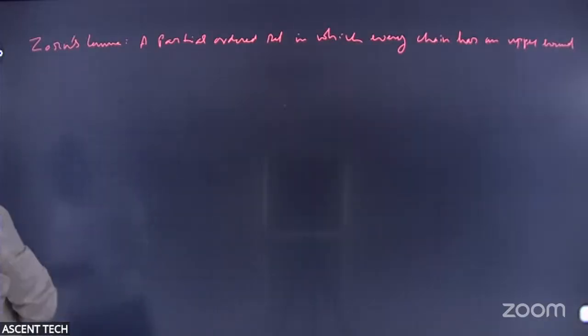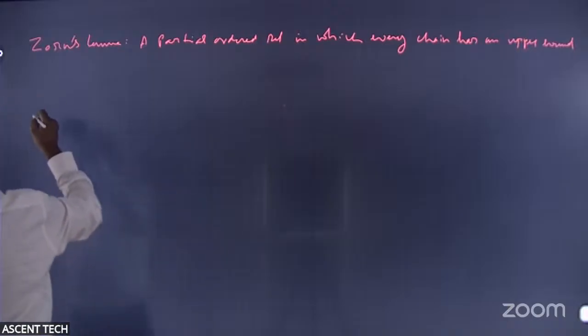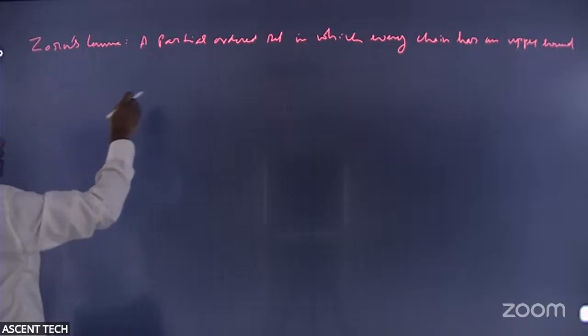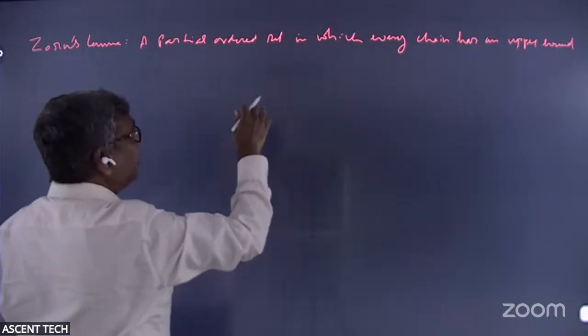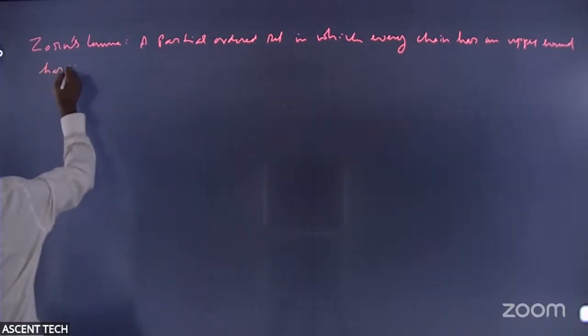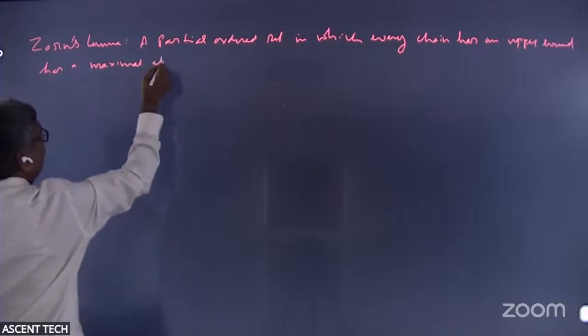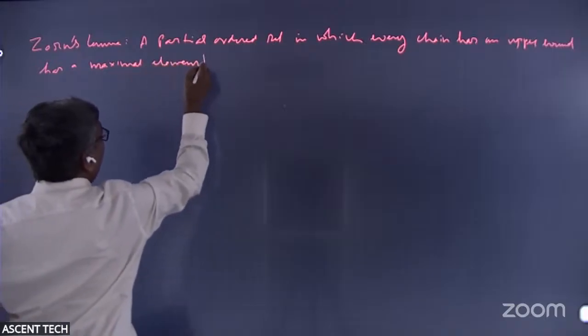Okay, that is the result. A partially ordered set in which every chain has an upper bound has a maximal element. That's Zorn's lemma.